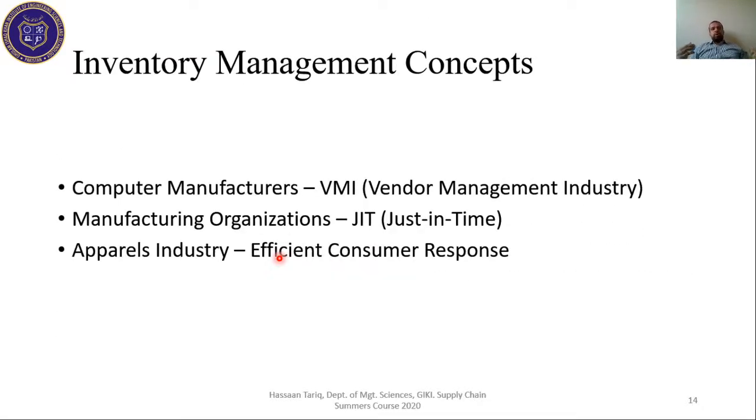Let's come on to some of the concepts that are really used in industries for inventory management. The first one is for the computer industry, which uses a vendor managed inventory system. The other one is the manufacturing organization, which mostly relies on just-in-time inventory, and in the apparel industry, the same just-in-time inventory is also known as ECR, or efficient consumer response.